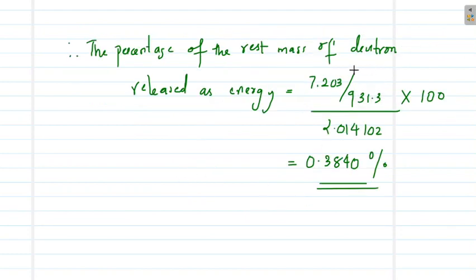This is just like the earlier example. We found the ratio of the mass that is converted into energy. If this is the rest mass, how much of it is getting converted into energy? In the case of a deuteron, if 2.014 is the rest mass, this much fraction is converted into energy.